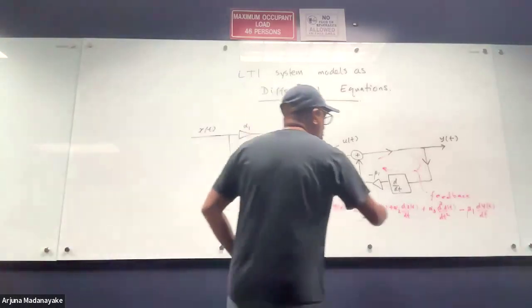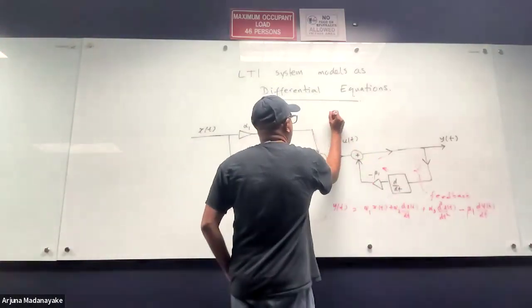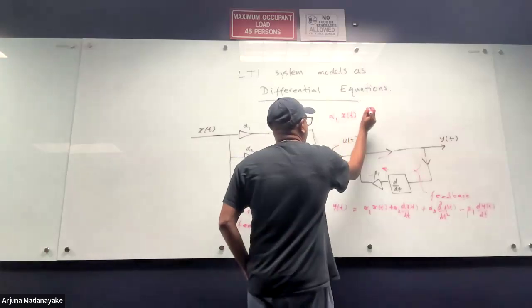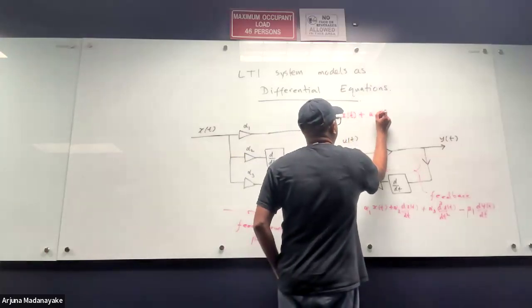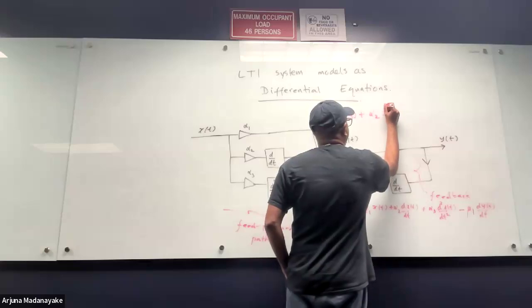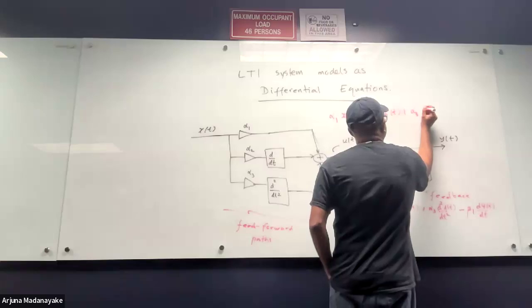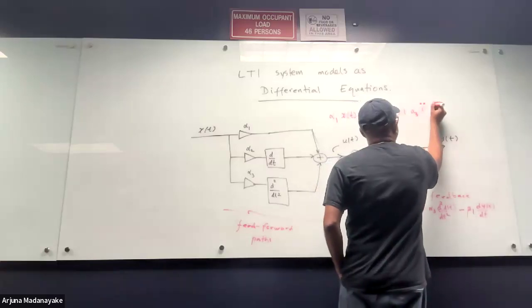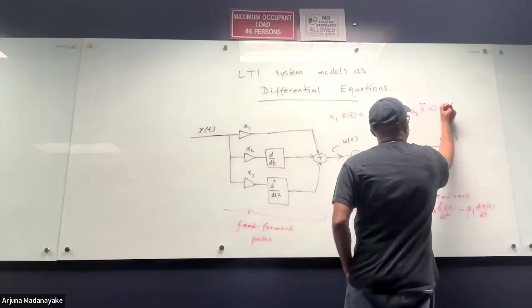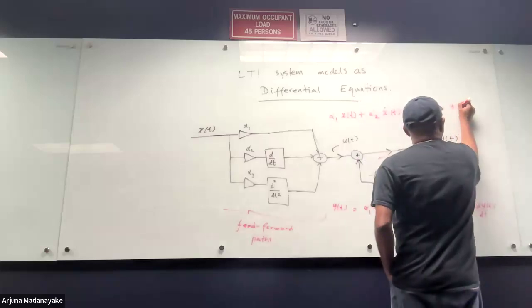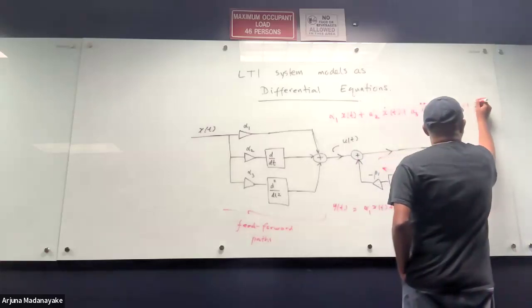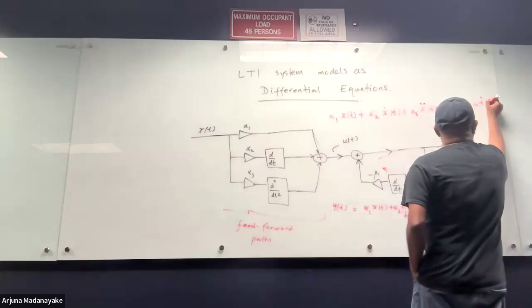So when I do that, I'm going to write the x terms first. I get alpha 1 x of t plus alpha 2 x dot of t plus alpha 3 x double dot of t is equal to y of t plus beta 1 y dot.